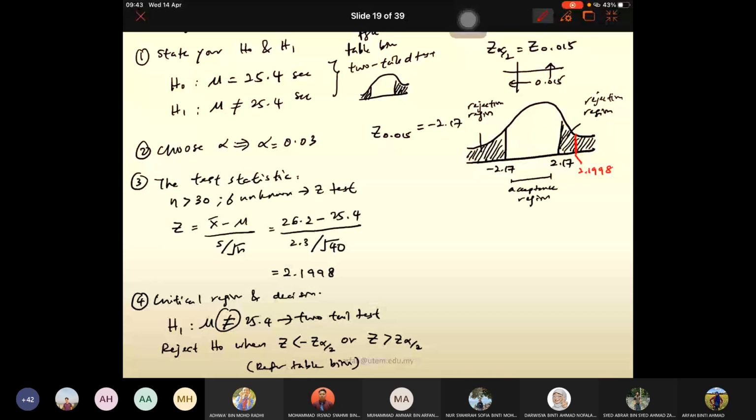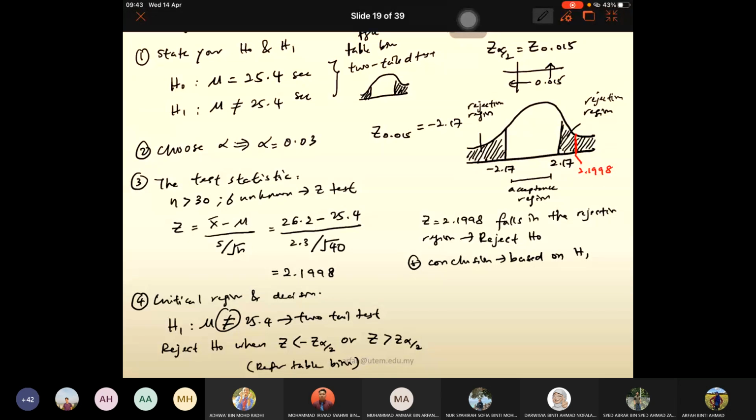So Z equal to 2.1998 falls in the rejection region. So decision kita adalah reject H null. Okay. So yang last step, conclusion based on H1. Okay. So sebab awak reject H null, meaning that awak terima H1.